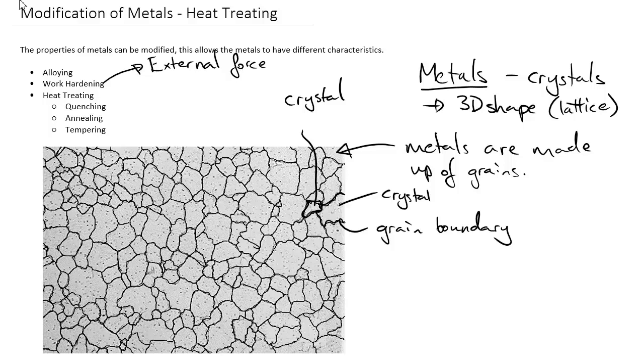A blacksmith may take a hammer and beat a particular metal with the hammer. And by doing this, it's actually a result of work hardening. Work hardening actually shatters crystals. So if you look at that overall picture here, it creates more boundaries between the crystals.